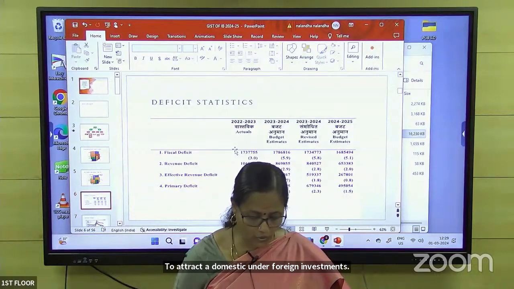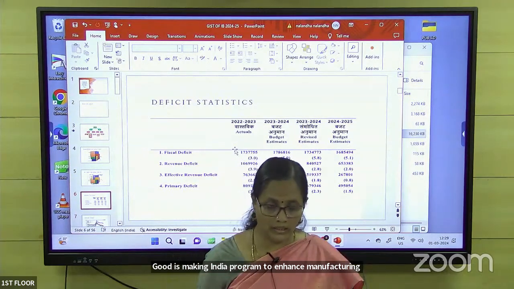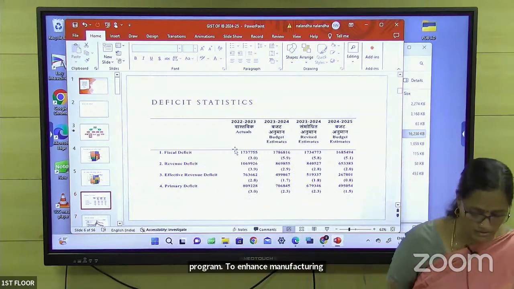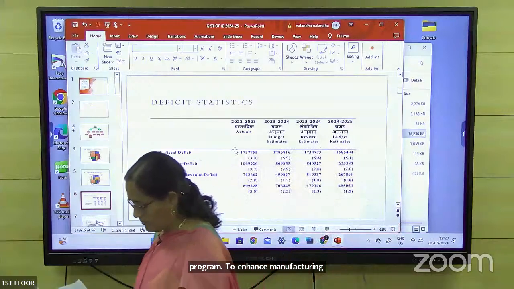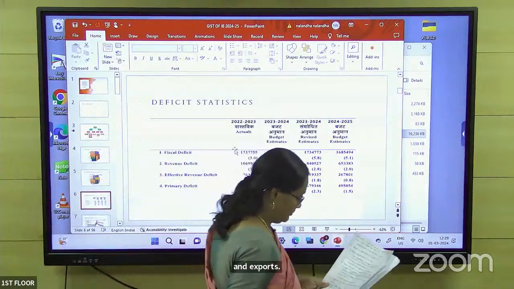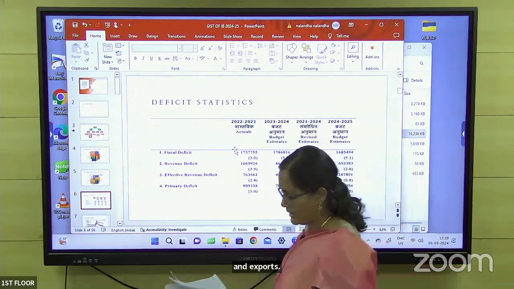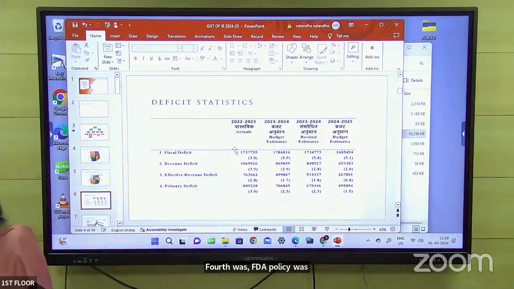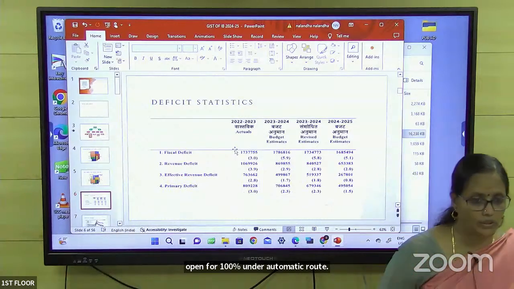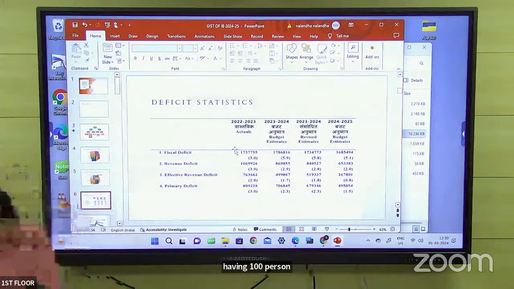Third is the Make in India program to enhance the manufacturing sector's capabilities and exports. Fourth, FDI policy was liberalized, with most sectors open for 100% under the automatic route.